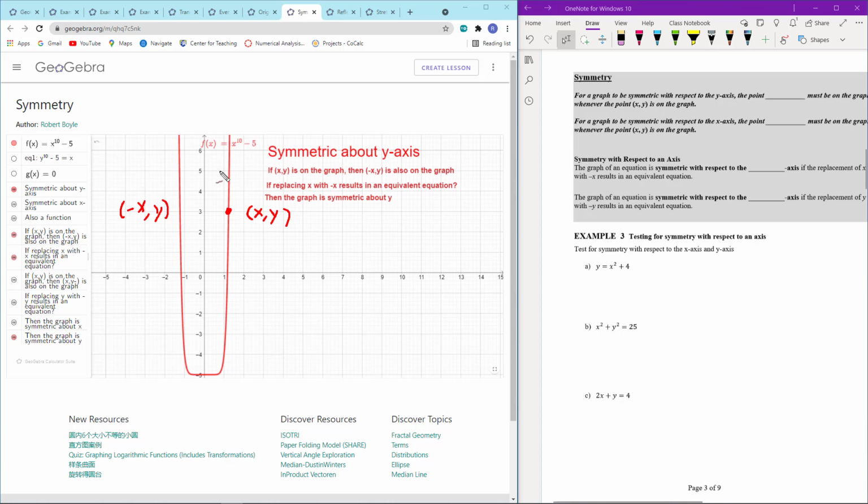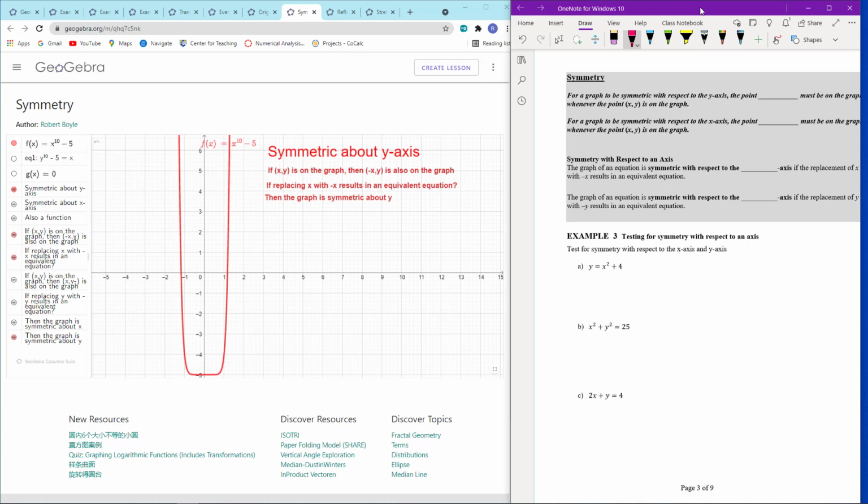Here you can pretty much look at it, but if you don't, you can substitute negative x for x, and if you get the same equation, then you are good to go. As far as our notes are concerned, and those plots are now going to disappear, for a graph to be symmetric about the y-axis, the point negative x comma y must be on the graph whenever x, y is on the graph.